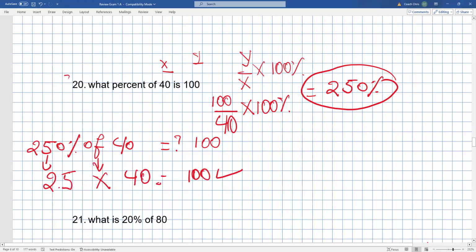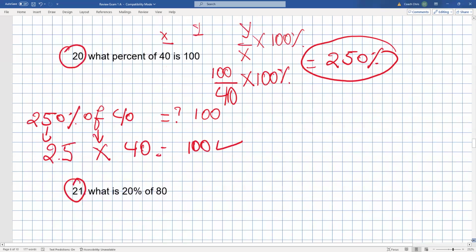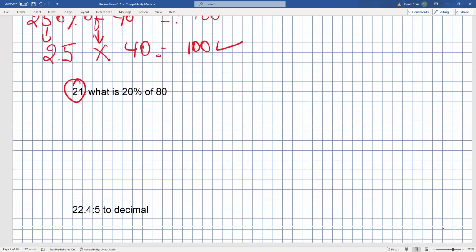So do not confuse question number 20 with question number 21. We've already explained how to find a percent of a number. So right here, what is 20% of 80? So you have to convert this first to a decimal number. How you convert any percent number to a decimal is divide that number by 100.